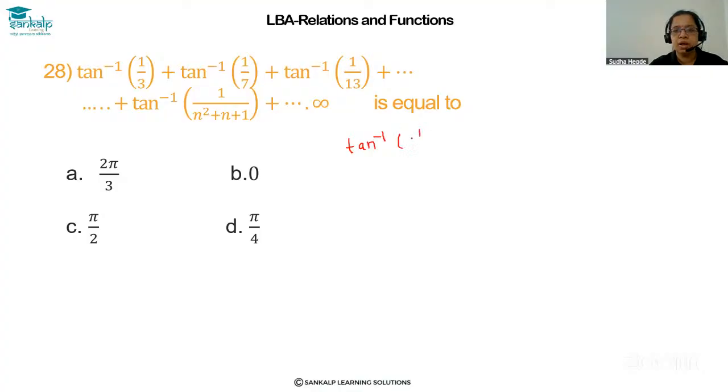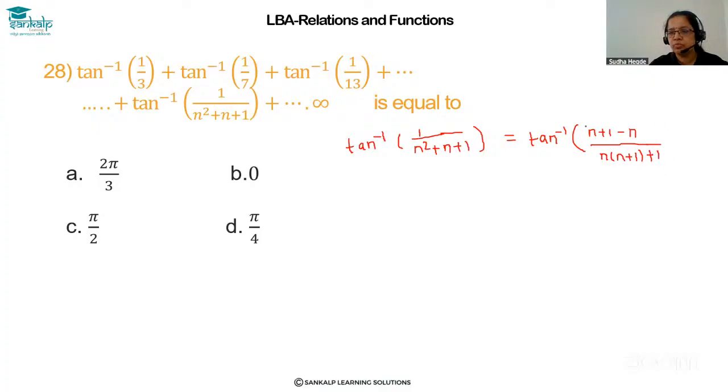We will get the answer in the simplest form. Okay, 1 by n square plus n plus 1. So this you can write as tan inverse, I'm adding and subtracting n in the numerator, n plus 1 minus n divided by the denominator, which I can simplify as n into n plus 1 plus 1.